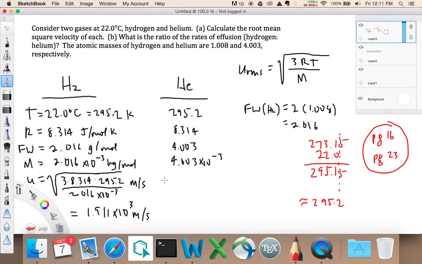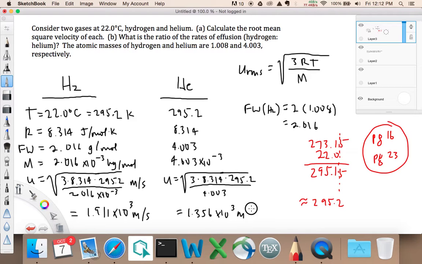And this then is 3 times 8.314 times 295.2 over 4.003, which is equal to 1.356 times 10 to the third meters per second. Okay, so that's the root mean square velocity of each.